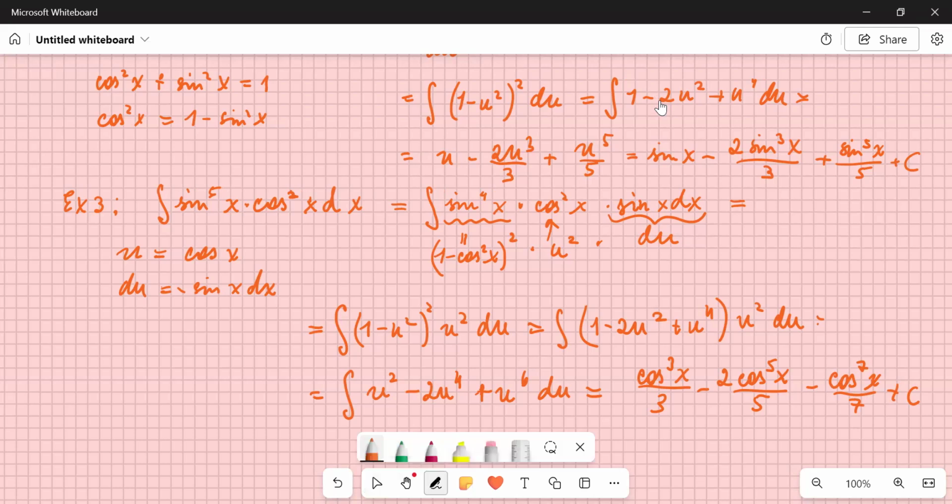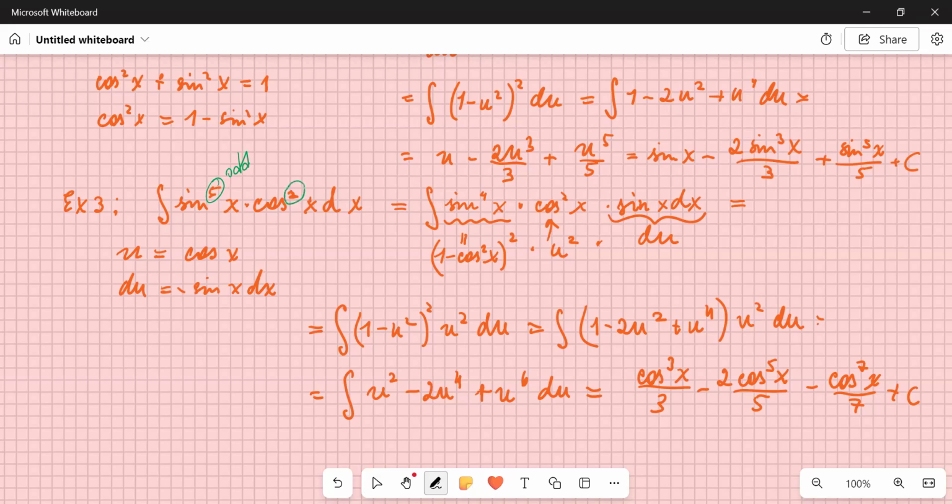Now time to kind of point out interesting stuff on this integral. If you look at this integral, you see that it was necessary to have sine over here odd because we use one of these sines to make du, right? And all other sines must make even power to be converted to cosine.